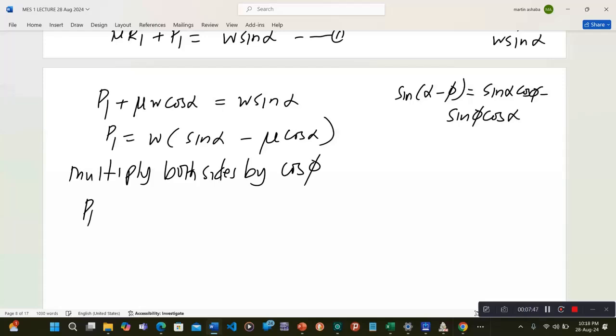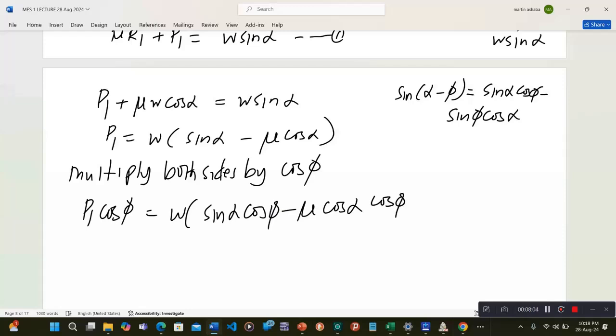So P1 cos phi will equal W into sine alpha cos phi minus nu cos alpha cos phi.